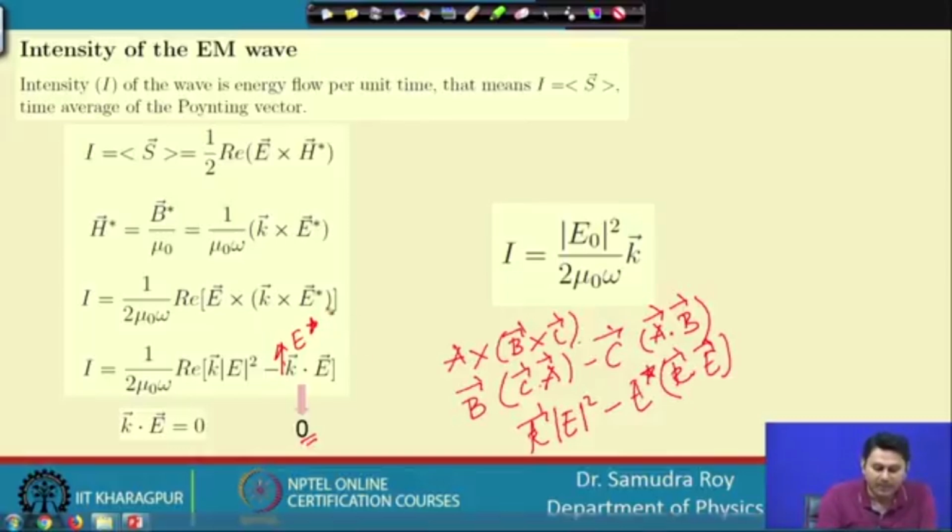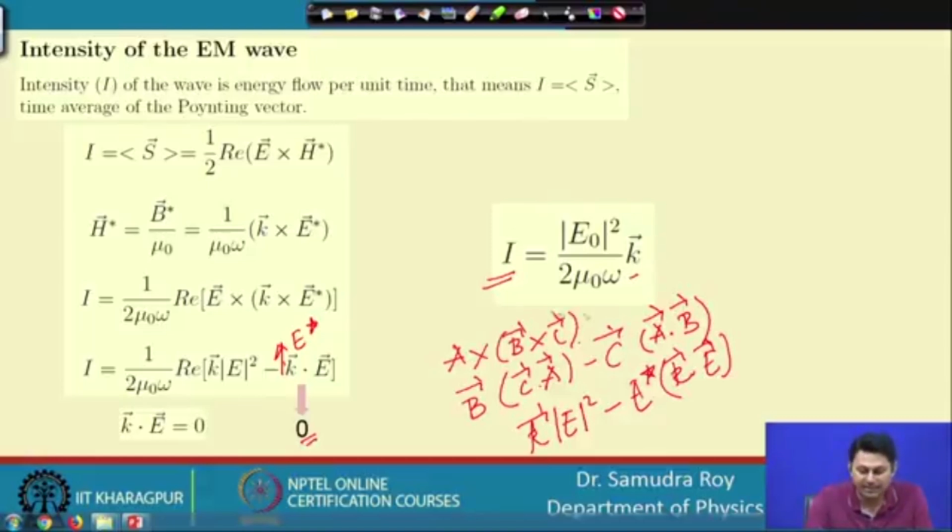So, my expression simply comes out to be I is equal to epsilon E 0 mod of E 0 squared, that is amplitude squared, divided by 2 mu 0 omega, times k. Now, I is an intensity, it is not a vector, but I write this in a vector form to ensure that the energy is propagating along the k direction.